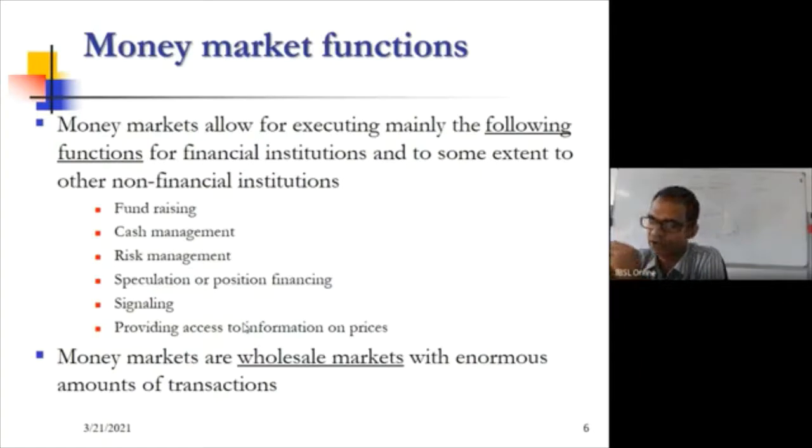Not only that, you can do speculation as well. What does speculation mean? You take a view on the market, on the interest rate. You either borrow or lend based on your view. If your view is correct, you will realize a profit. If your view is incorrect, you will realize a loss.